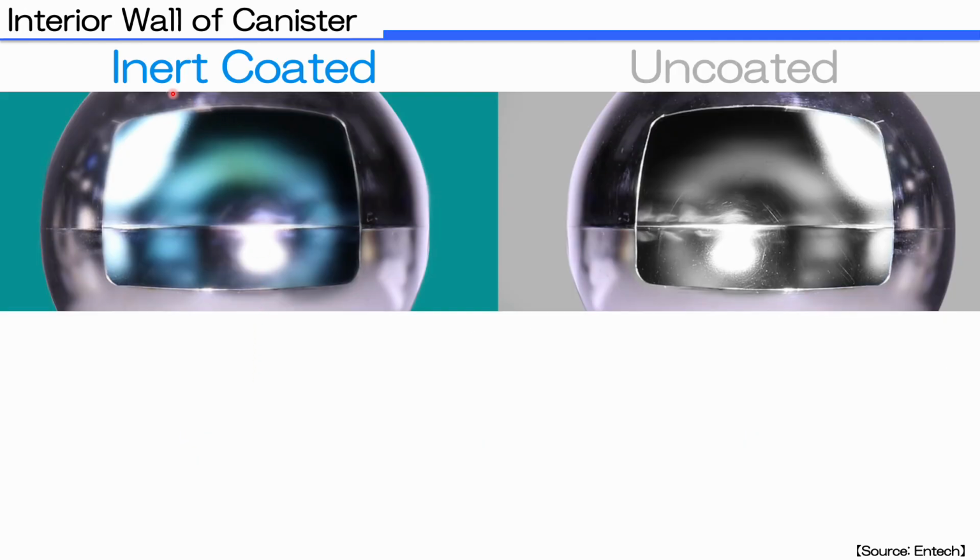This is about the interior wall of canister. The picture on the left side is a canister with inert coating, and the right side is an uncoated wall, just made of stainless steel.